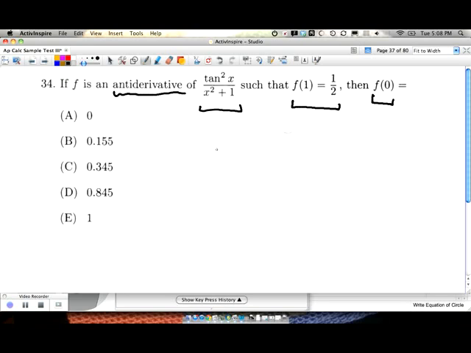What it's saying is that f of x equals the integral from 0 to x of, let's say, g of x, and f of 1 equals 1/2. So that means the integral from 0 to 1 is equal to 1/2.